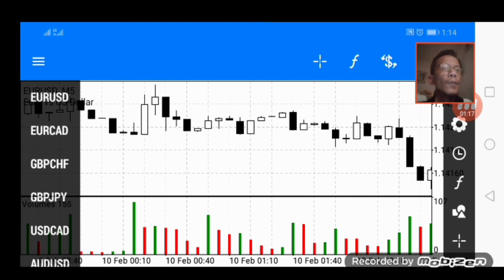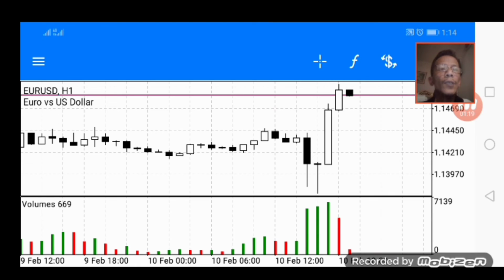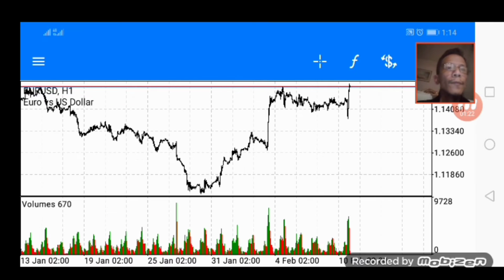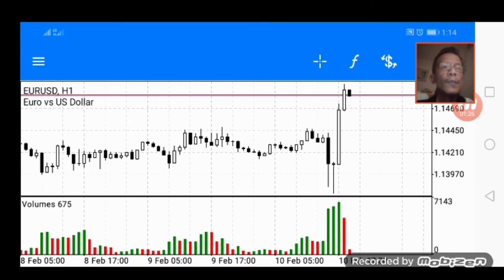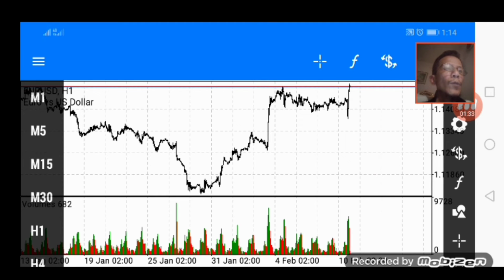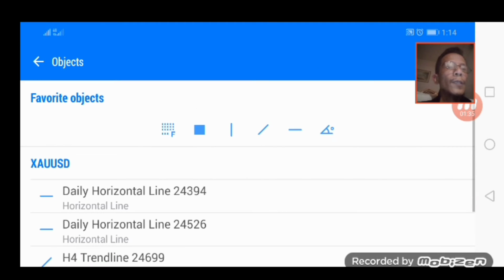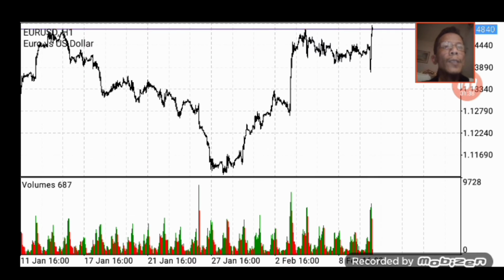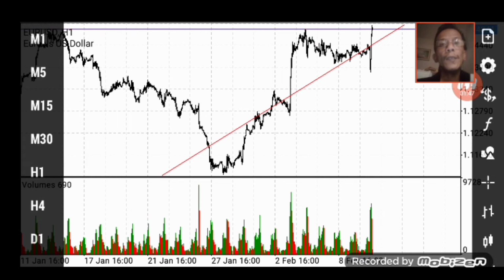If you're on the H1 time frame, it's clearly giving you an uptrend, right? So how do you know this is an uptrend? Probably you can take this right from here. There you go. That's an uptrend, bro. It's a very easy task.